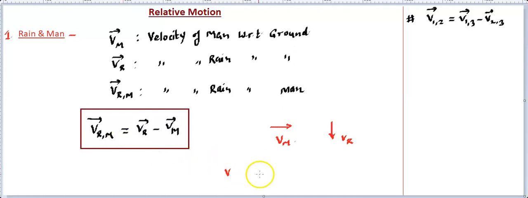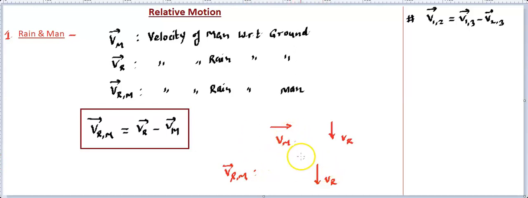We need to find the velocity of rain as seen by the man, because the man is going to be the observer. First we need to draw this vector, the velocity of rain, vertically down. In this case I'm considering vertically down. Then we need to subtract, that means we need to reverse the velocity of man, reverse this vector, and then add.